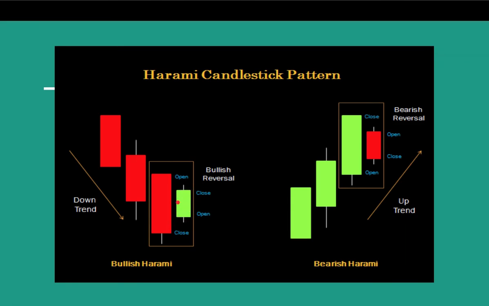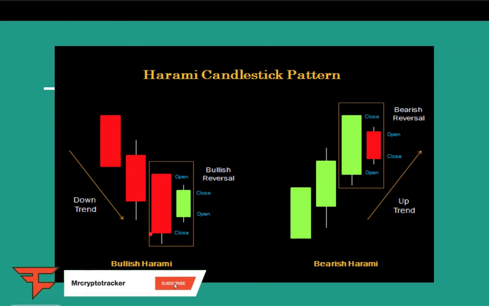The bears suddenly lose momentum and they are unable to close the market at or below the prior candle's close. As you can see here, the close of this candle is higher than the close of the first big candle here. So in such a situation, uncertainty sets in as the Harami foretells a possible reversal and a trend break.